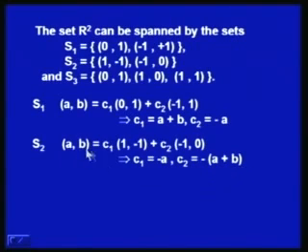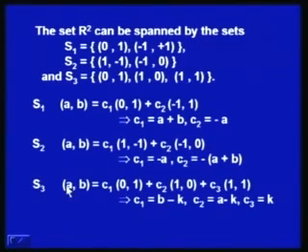So, given AB, we can find C1 and C2, so that the vector AB can be expressed as a linear combination of the given two vectors. So we can say that the vector space R2 can be spanned by this set.